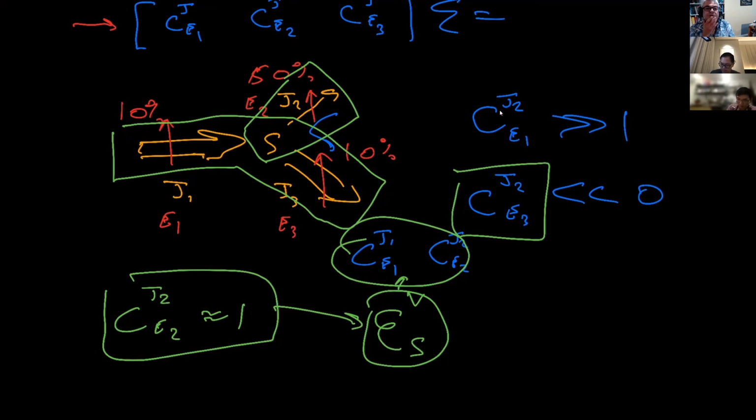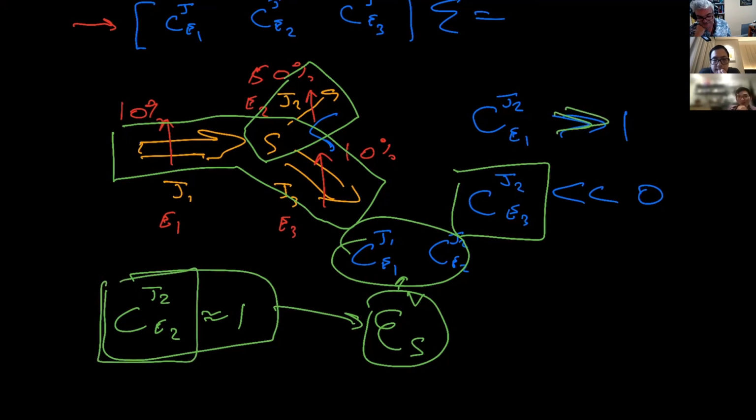Maybe I can show you one other thing actually. Oh wait, one more thing. Like on this one, J2 with respect to E2, plus J2 with respect to E1, that's big as well. It should be less than 1, right?